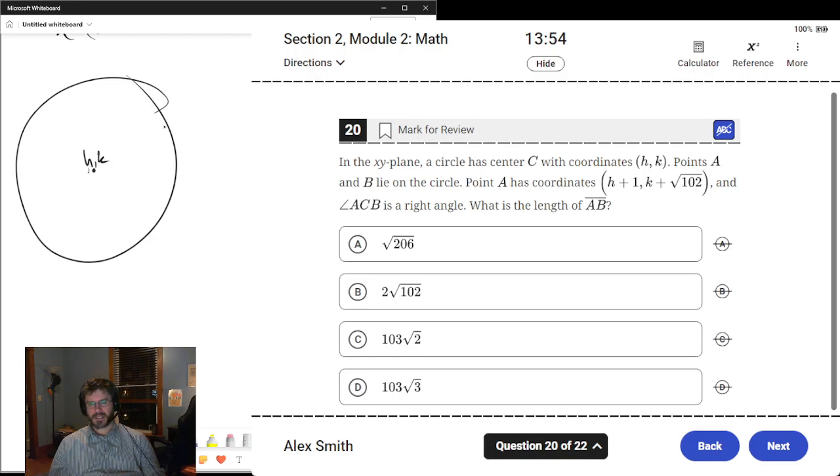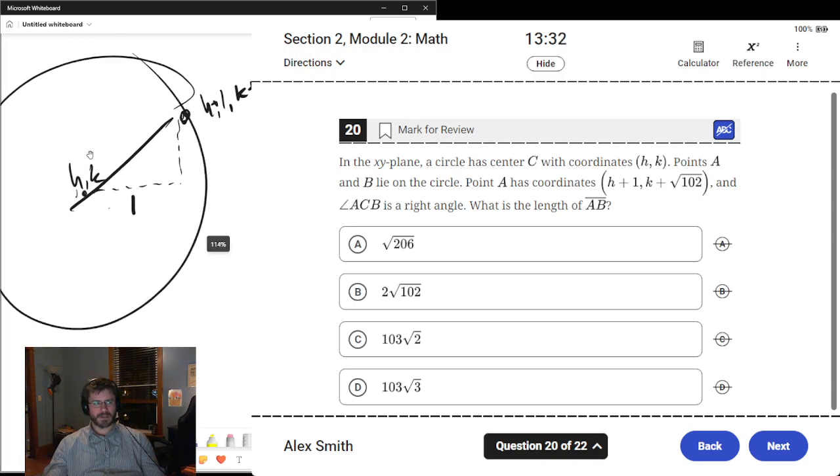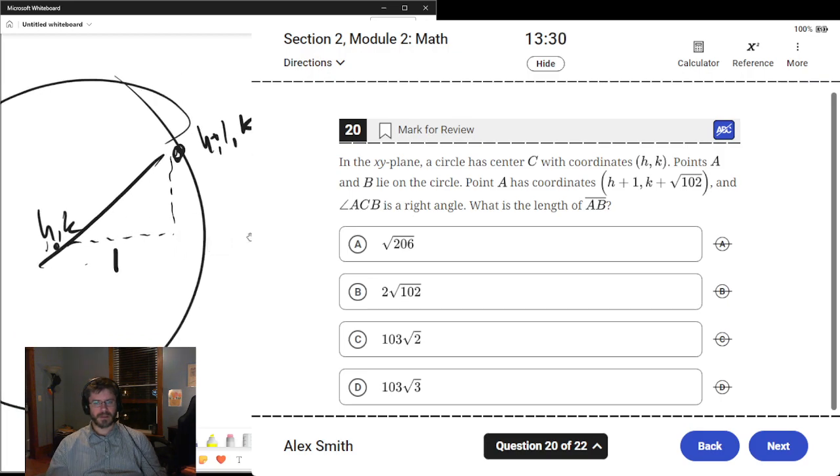There's a point H plus 1, K plus root 102. We can understand that to be a right triangle with the radius there. So the distance on the horizontal is 1. The distance on the vertical is root 102. So we can do the Pythagorean theorem and find the radius.